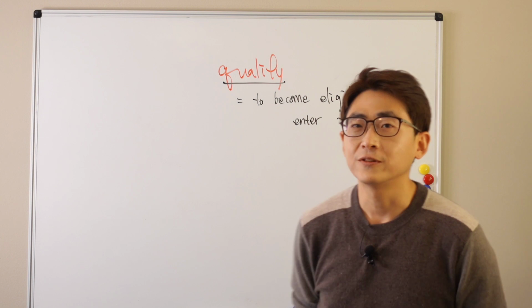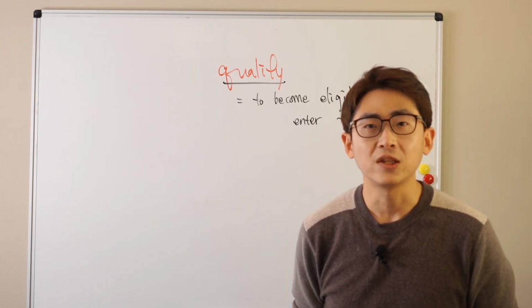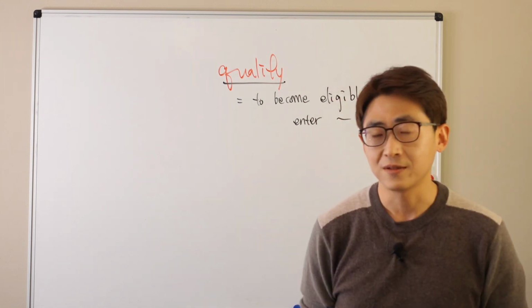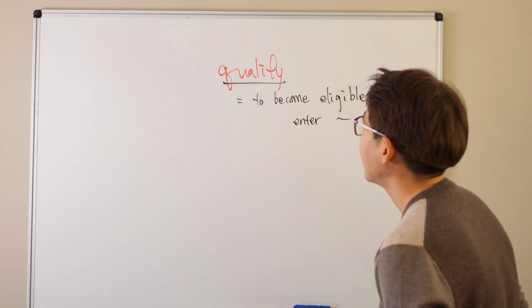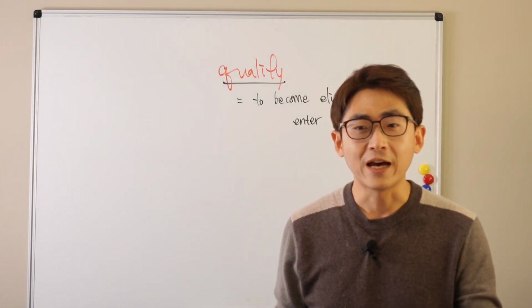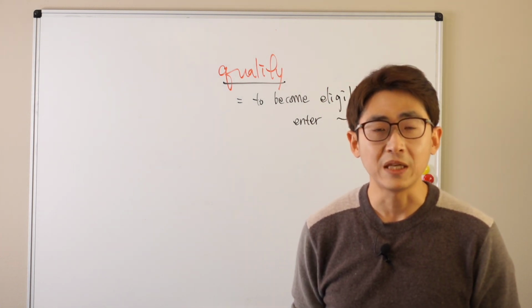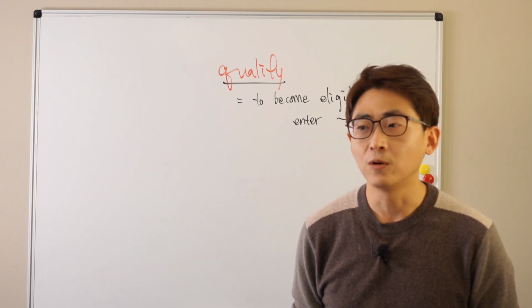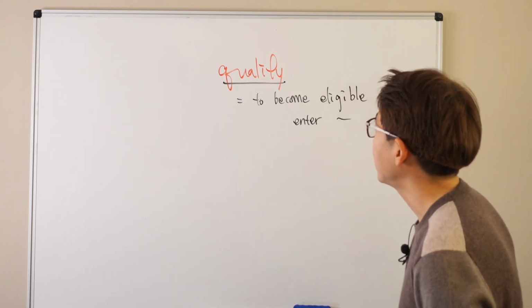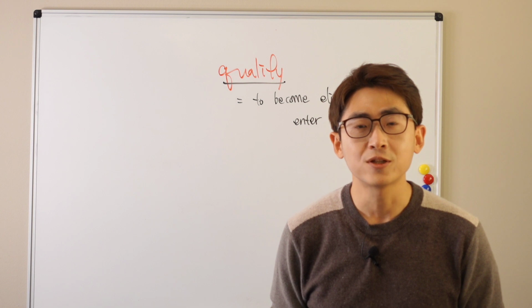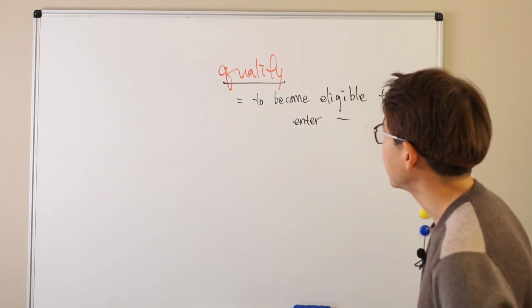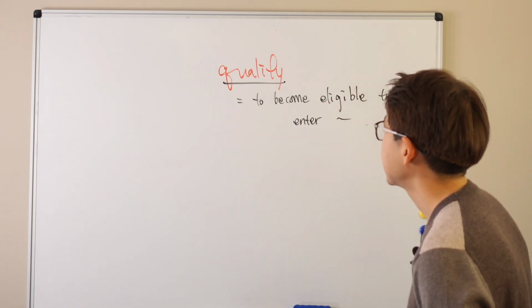So we call the first matches in the Olympics qualifications, because maybe you had 100 people contending from all over the world, and the qualification narrowed down the players to 16 people. So that's what qualify means.